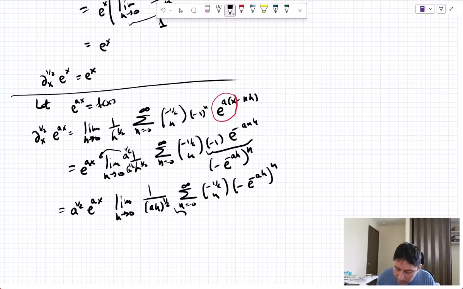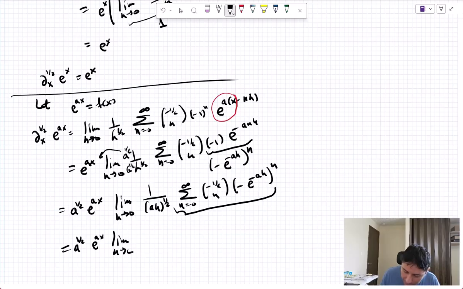Now this term right here, if we do the binomial theorem in reverse, is nothing more than (1 - e^(-ah)) to the 1/2, basically.